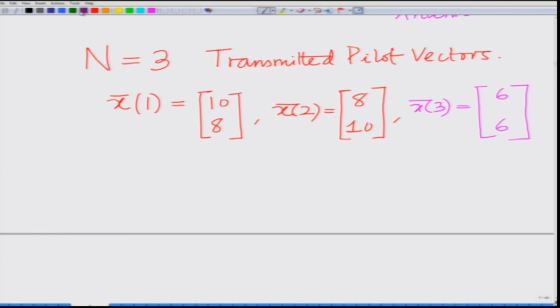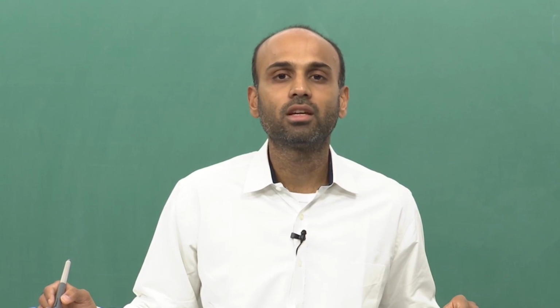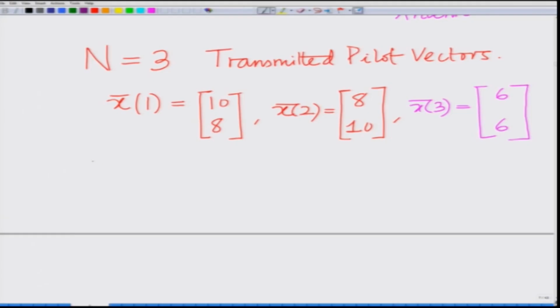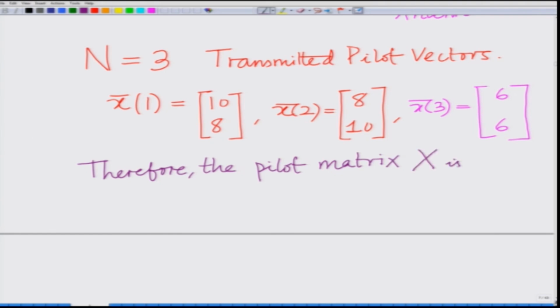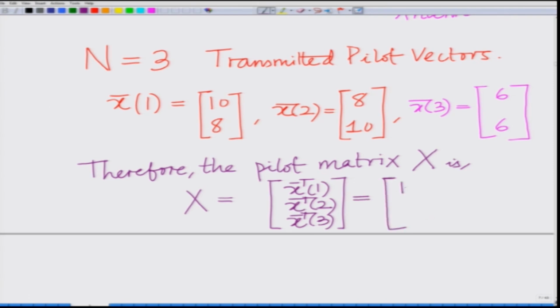Remember capital N is the number of pilot vectors that we are considering. From these 3 pilot vectors, we will construct the pilot matrix. Therefore, the pilot matrix X is x bar transpose 1, x bar transpose 2, x bar transpose 3. The pilot matrix is 10 comma 8, x bar transpose 2, that is 8 comma 10, x bar transpose 3, that is 6 comma 6, and remember this pilot matrix is an N cross M pilot matrix.